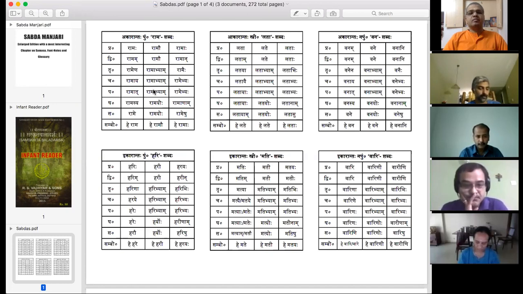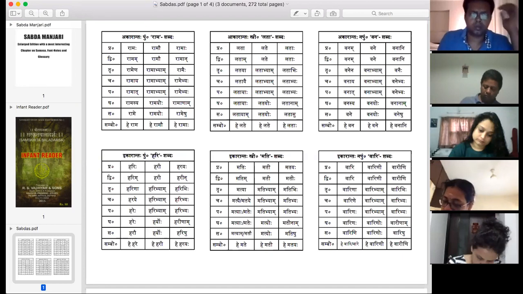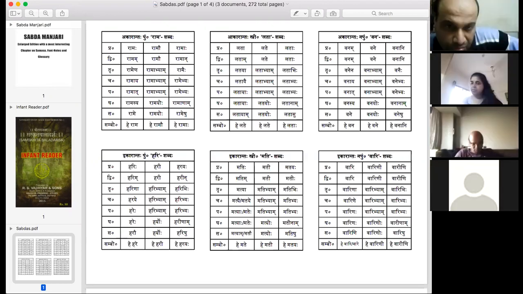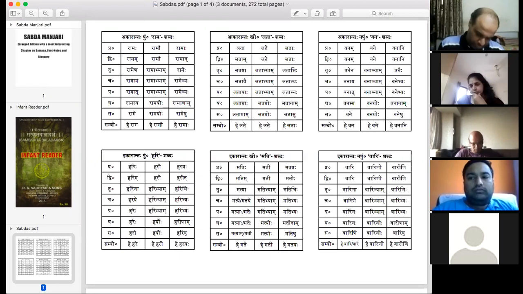And then plural we say Bahuvachanam. So singular, dual, and plural. These are the three numbers in Sanskrit.